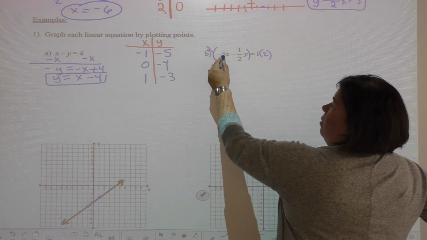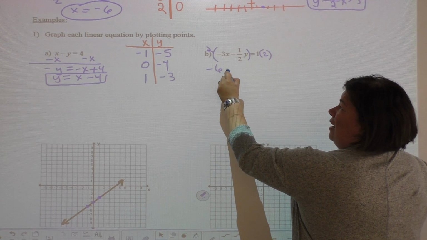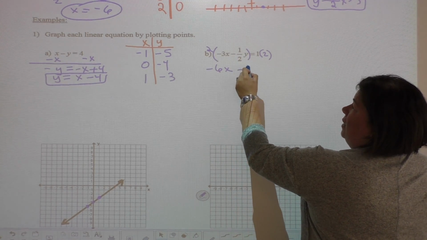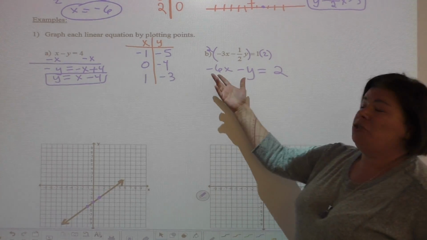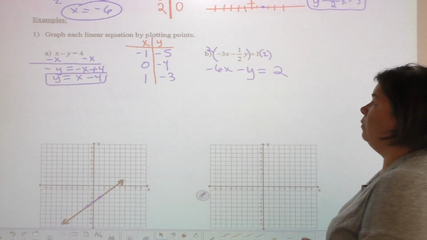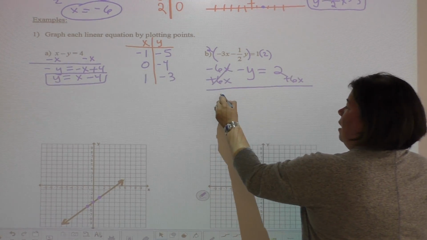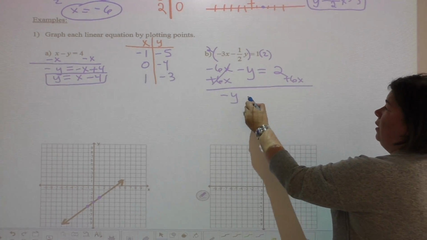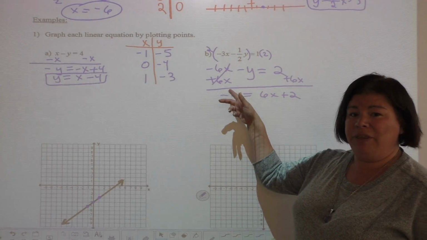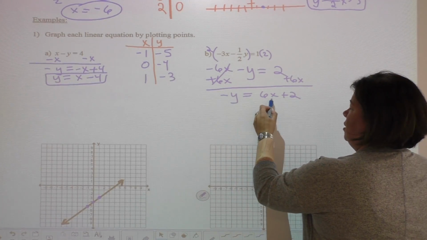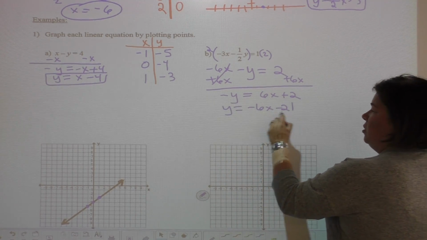Remember, that means you're multiplying each term by 2 on the left side, which gives us negative 6x minus 1y equals 2. If I put this in slope-intercept form first, by adding 6x to both sides, I'm going to be left with negative y equals positive 6x plus 2. Dividing every term by negative 1 would give us y equals negative 6x minus 2.